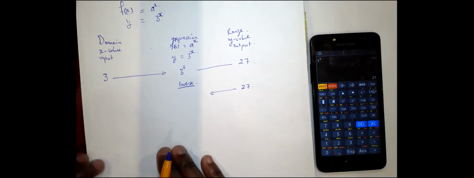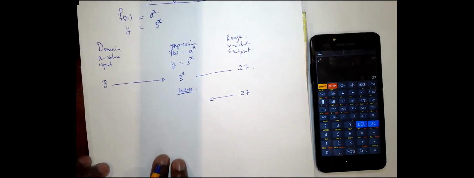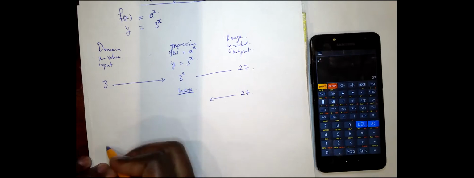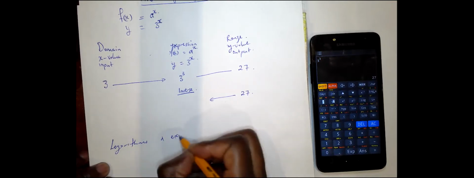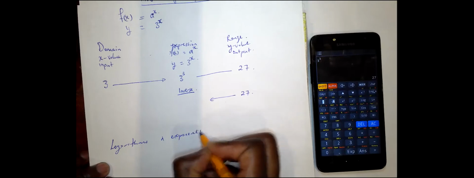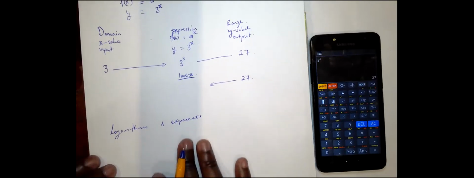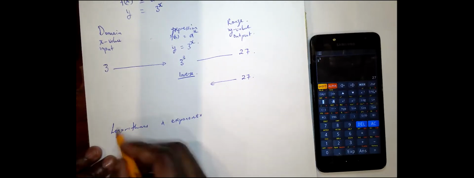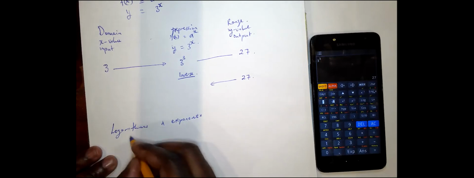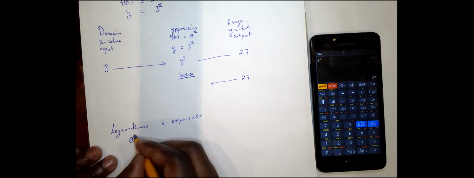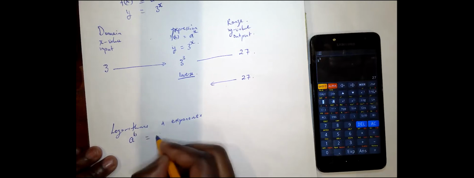I just want to explain some basics that you need to understand here, the relationship between exponents and logarithms. So now you need to learn about logarithms and exponents. I'm just going to give you a brief explanation. We have our exponents in the form of a to the power of b is equal to c.